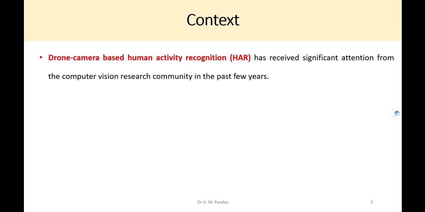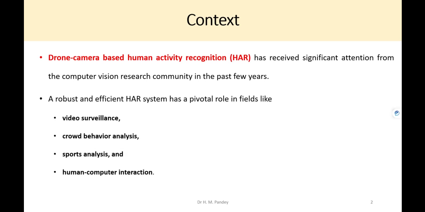Human activity recognition plays a vital role in several areas, like video surveillance, crowd behavior analysis, sport analysis, and human-computer interaction.